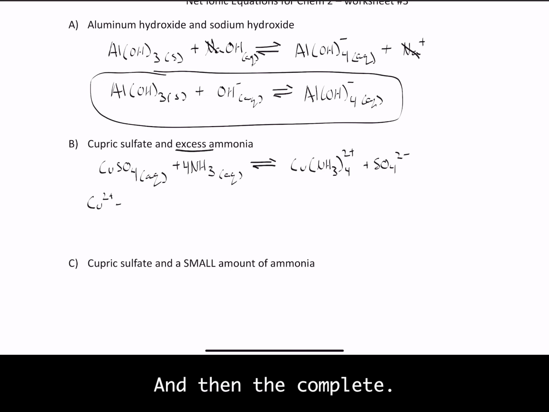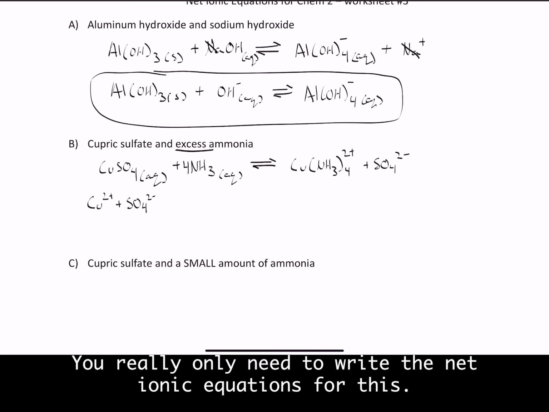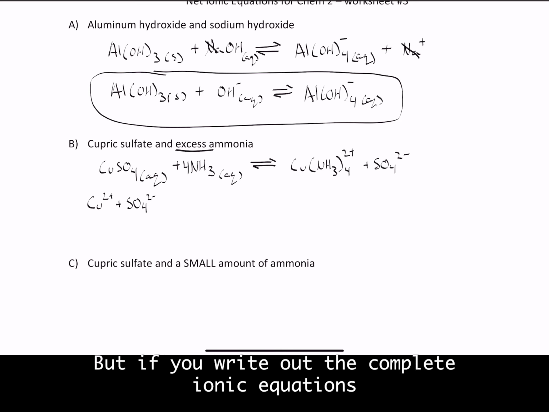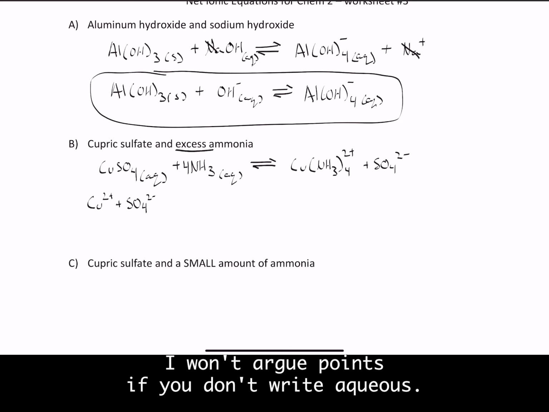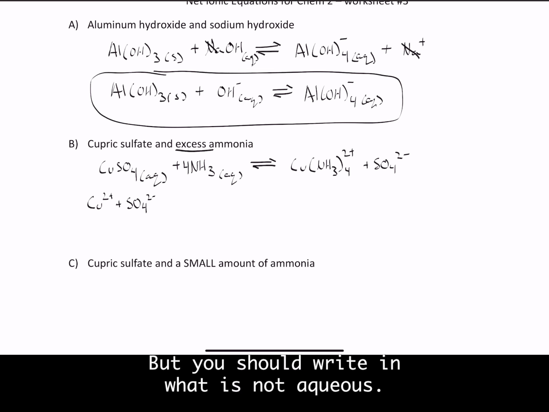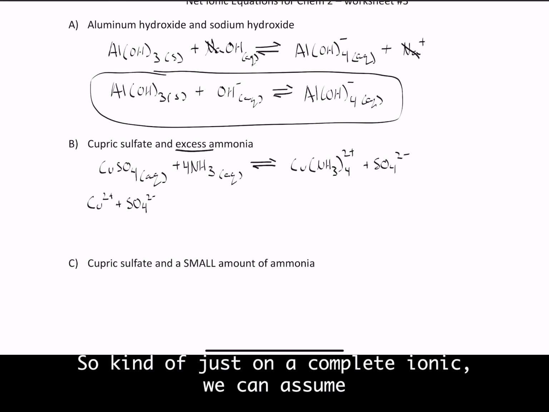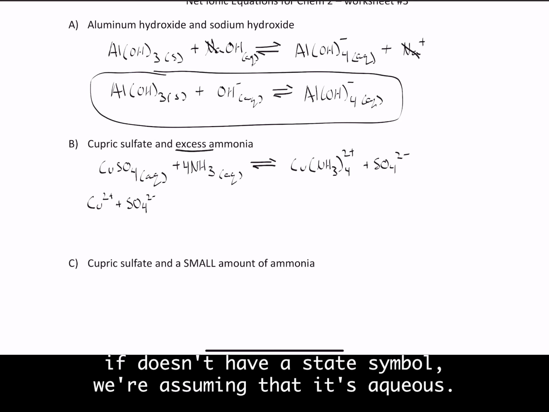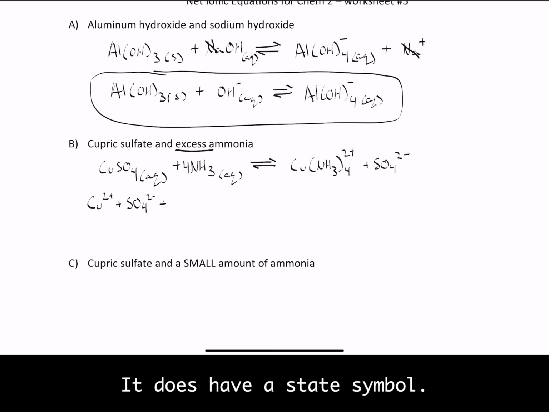And then the complete. You really only need to write the net ionic equations for this, but if you write out the complete ionic equations, I won't dock you points if you don't write aqueous. But you should write in what is not aqueous. So on a complete ionic, we can assume if it doesn't have a state symbol, we're assuming that it's aqueous. If it does have a state symbol, then it's not.